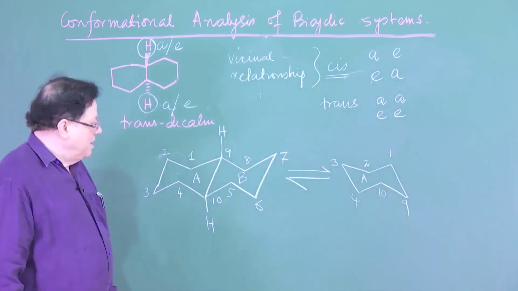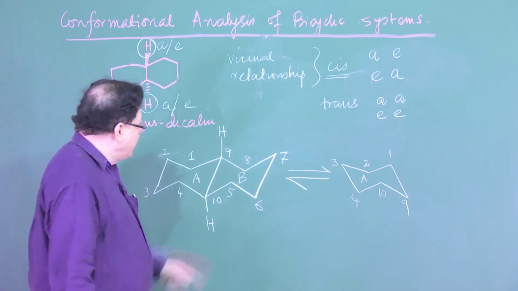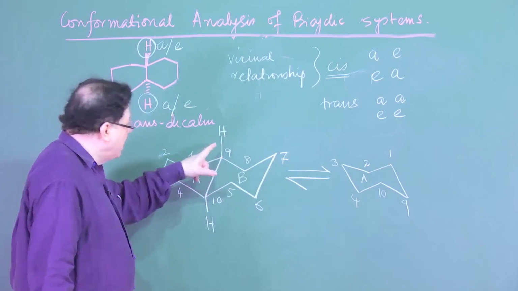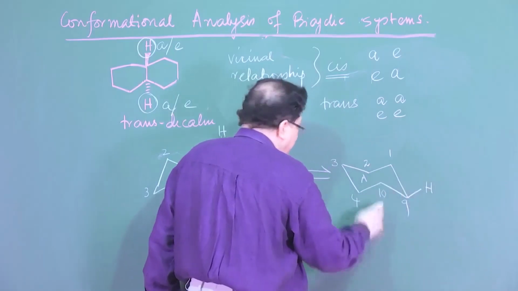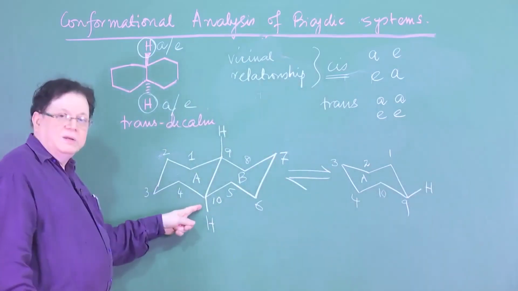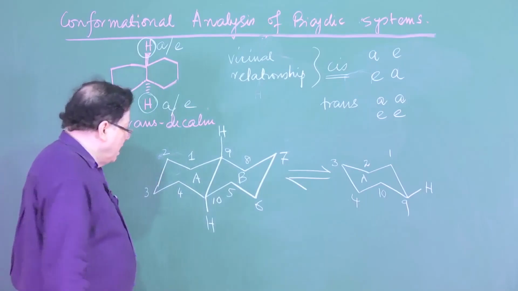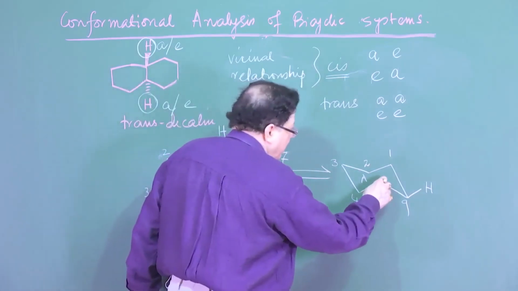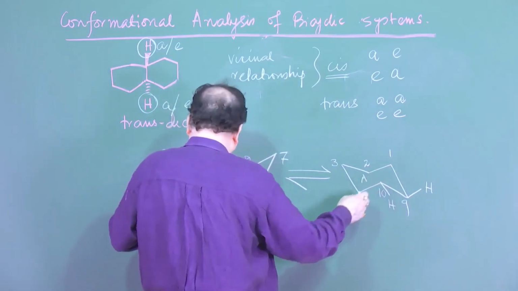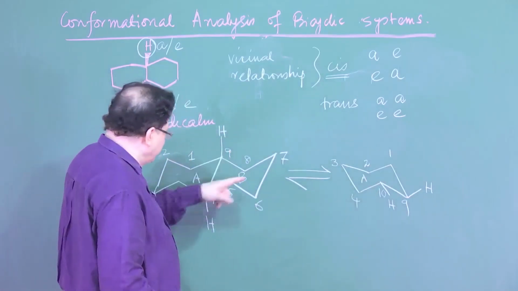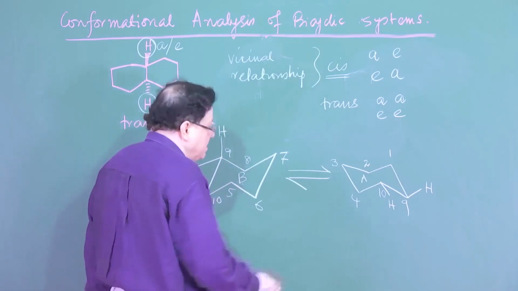Okay. Now, where are the hydrogens? So, the C9 hydrogen will be beta equatorial, and C10 hydrogen will be alpha equatorial. Okay. So, this is the scenario now. Now, where are the other carbon-carbon bonds? That means the C5 and C8. So, C5 is attached to C10.